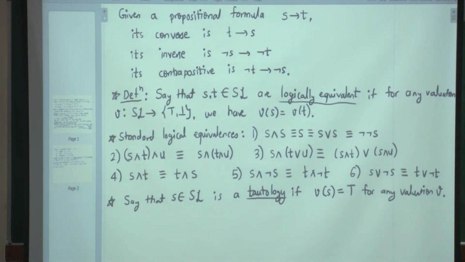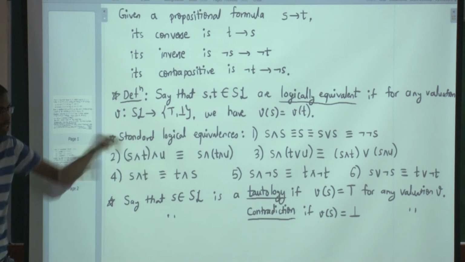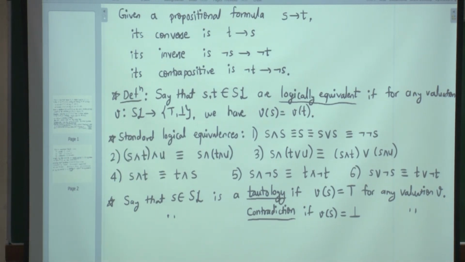In our culture, Raja Harishchandra, somebody who always tells truth, right? And a contradiction is a pathological liar. Contradiction, if V of S is equal to false for any valuation. So, what is a tautology? Well, S disjunction negation S is a tautology. S conjunction negation S is a contradiction.